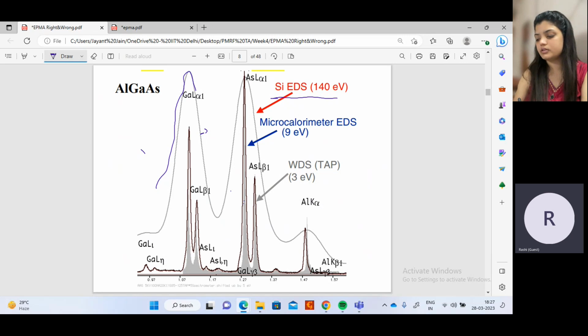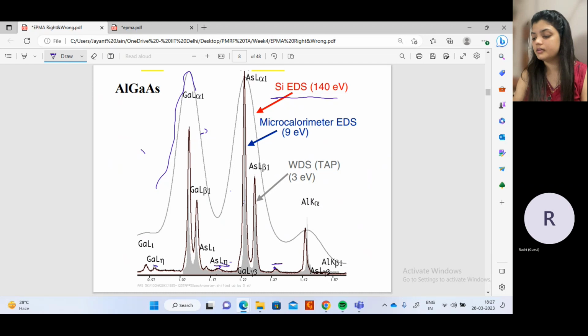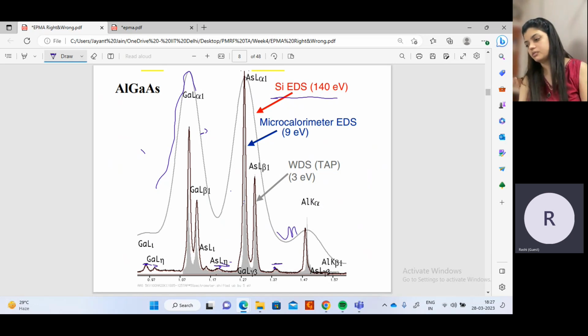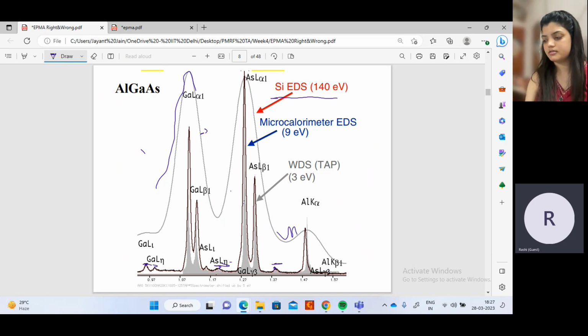Even the smallest quantities, these peaks are also able to be resolved in WDS. You are able to produce very small intensity peaks in WDS rather than in EDAX. You will not read any small amount, or there are no small peaks present here. So that is the main reason why WDS is used.